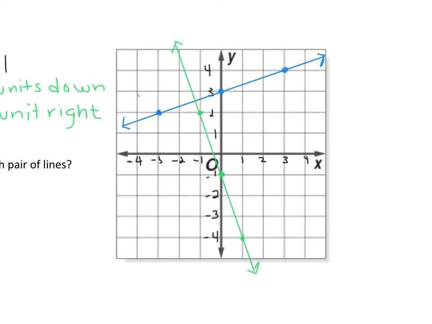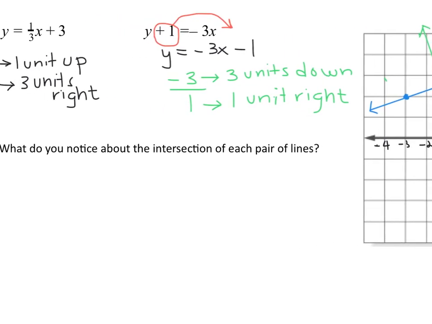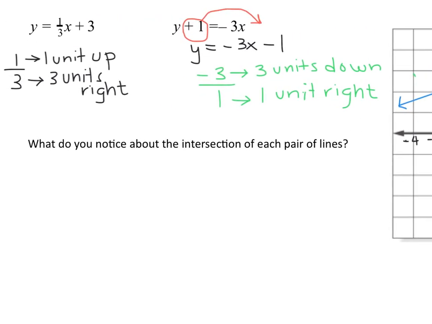Okay, so once you've joined your points together with a line, what we can see here is that we've got 2 lines that intersect, and they intersect at this spot right here. So let's take a look at our follow-up question. And it asks us, what do you notice about the intersection of this pair of lines?